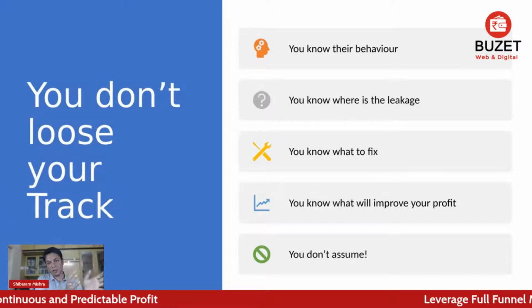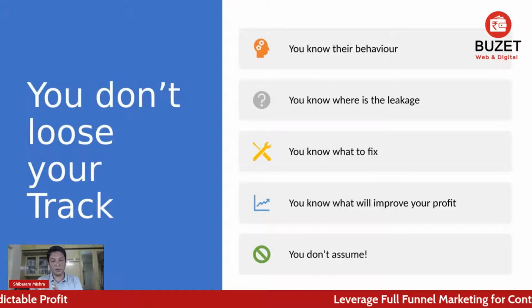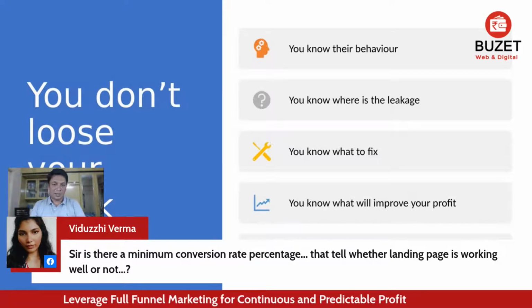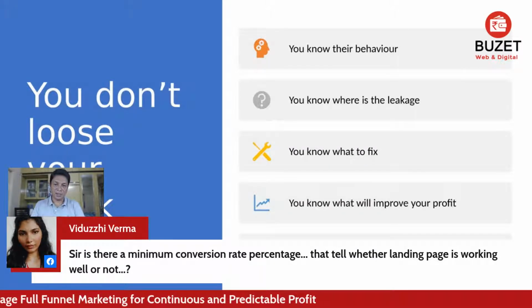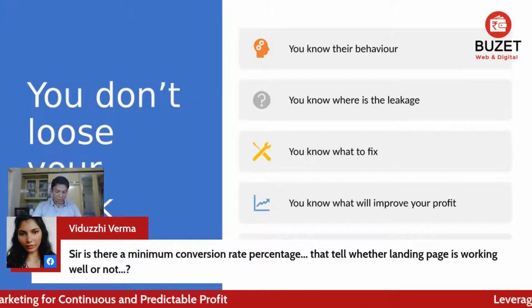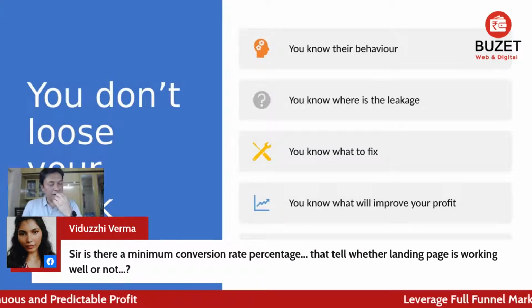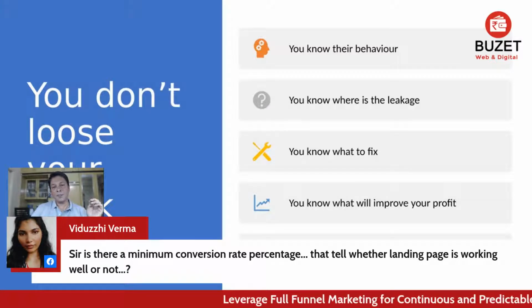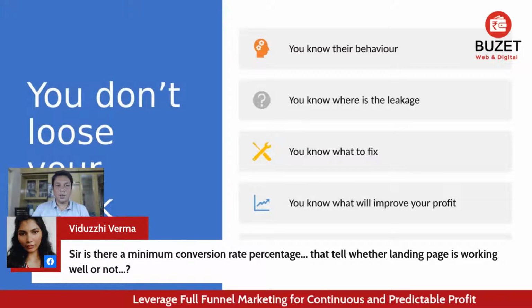Yeah, so across the layers, you need to confirm what the percentage is. Is there a minimum conversion rate percentage? It depends on your business. If it is a high ticket product, the percentage of purchase is less. If it is a low ticket product, more people will convert.